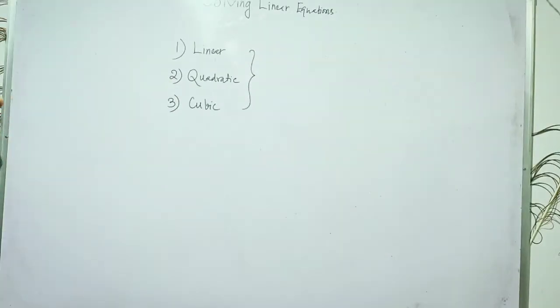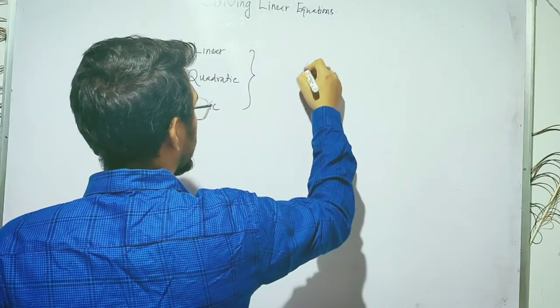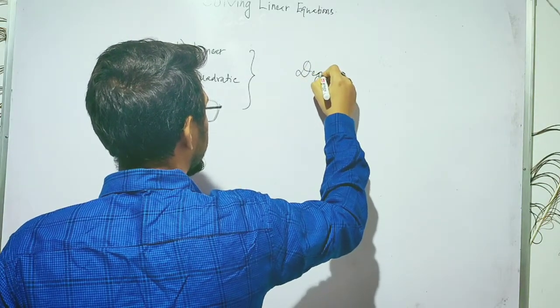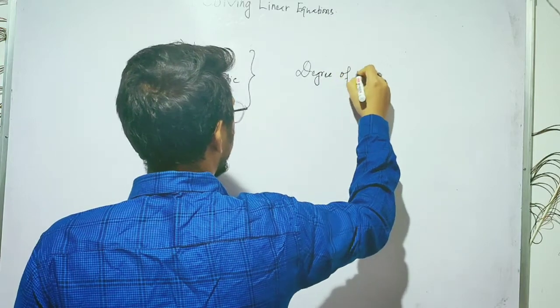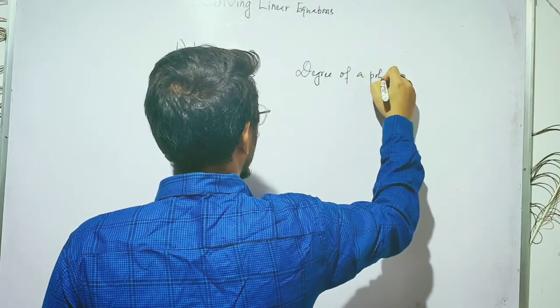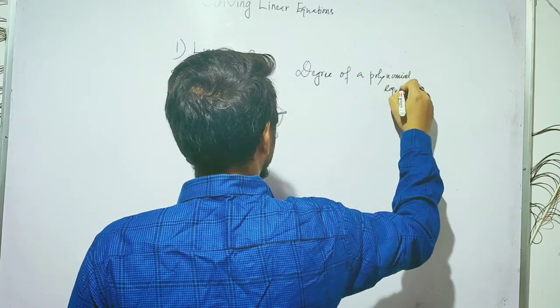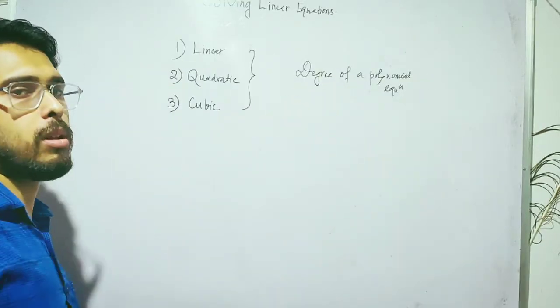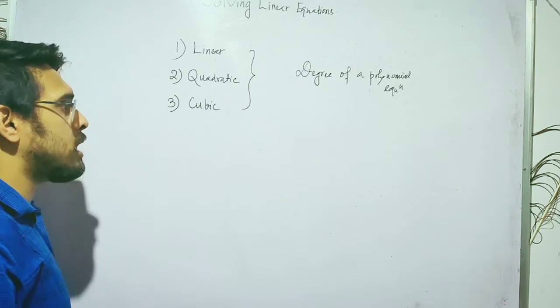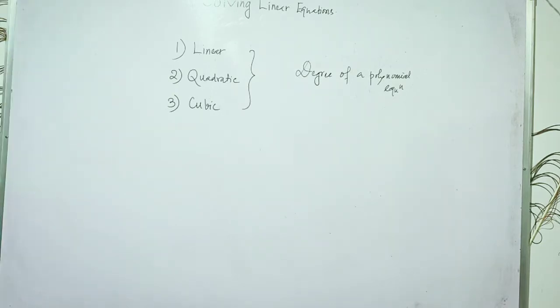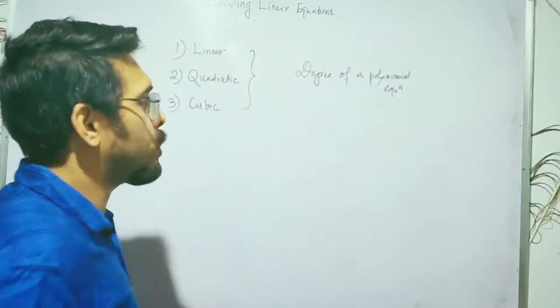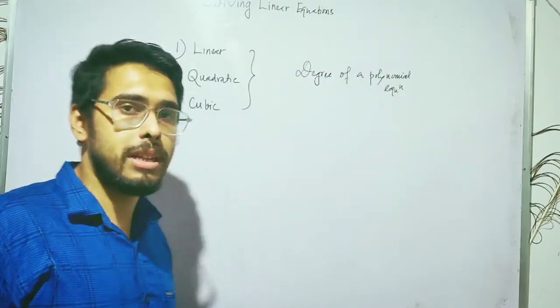The difference comes from this particular thing which is called degree. Degree of a polynomial equation. We will talk about a polynomial in the forthcoming topics that we do in this lecture series. But talking about the degree of a polynomial equation, what do you understand by the degree?